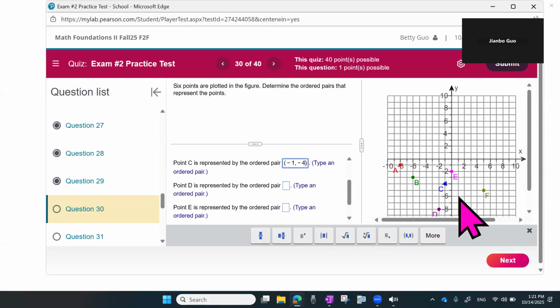D is also in quadrant 3: negative 2, comma, negative 8. That's what I see. Point E is on the y-axis, so 0, comma, negative 2.